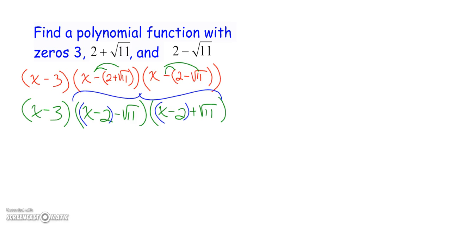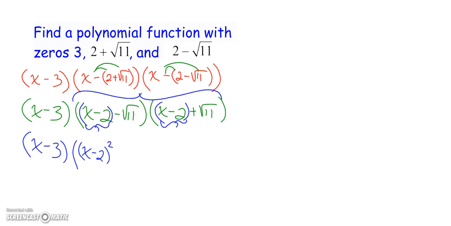Essentially, if you think of this x minus 2 right here as your first term, and this radical 11 and negative radical 11 as your second term, it's really a difference of squares, which means all I really have to do is, again, keep the x minus 3 along for the ride for right now. I'm going to multiply x minus 2 times x minus 2, that is x minus 2 squared.